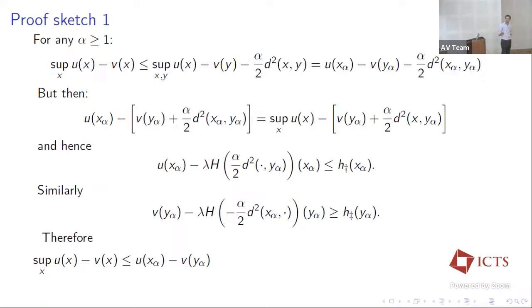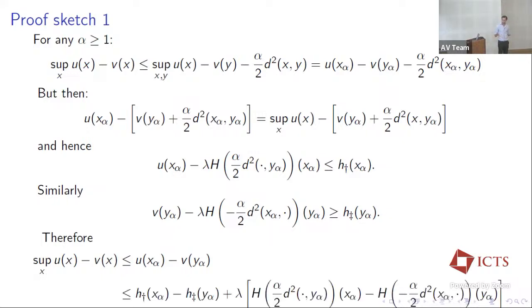And so I get this upper bound. Yeah, this supremum is upper bounded by this difference. But if I do that, I can use the upper bound that I get from this one, right? This one is upper bounded by h plus this part, and v is lower bounded by this plus this part. And if I assemble that here, I get the following. So I get the difference of the h's plus the difference of the Hamiltonians.